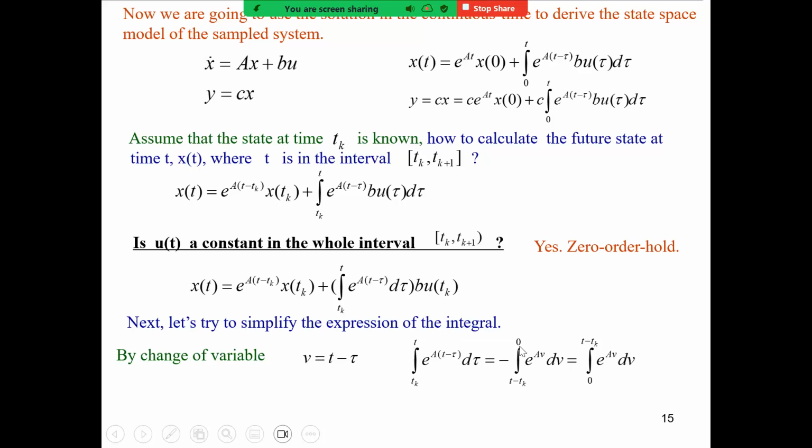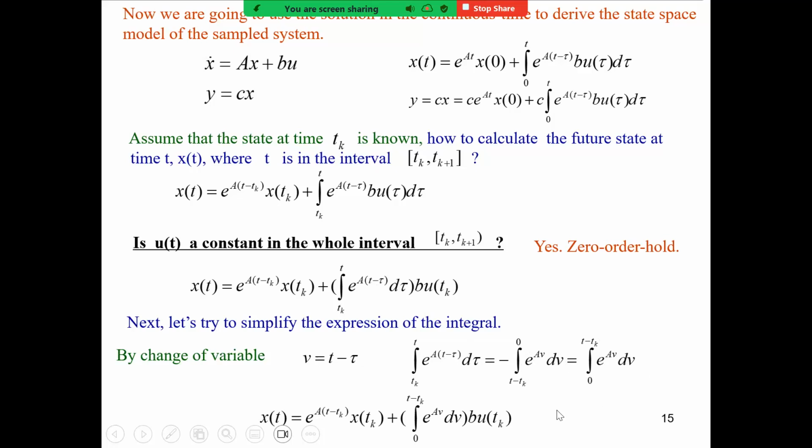Now the bounds: when tau equals tk, in terms of v, this is t minus tk. When tau equals t, v equals 0. So here, from t minus tk to 0, there is a minus. I just change the bound from the lower bound to the upper bound, then the minus sign disappears. You can see this expression is simpler than this one. Okay, any questions?